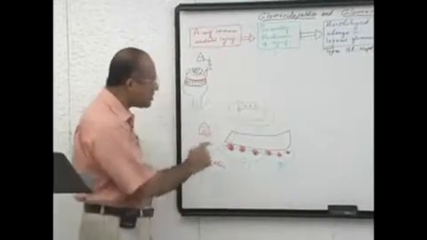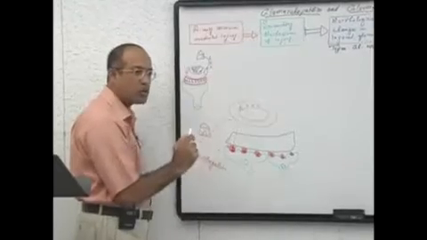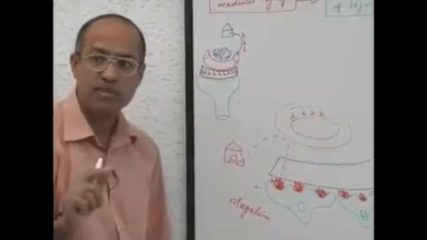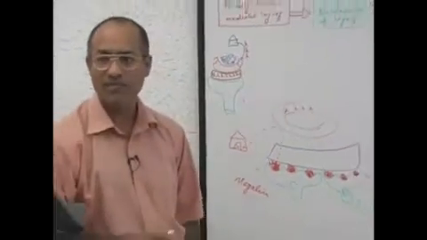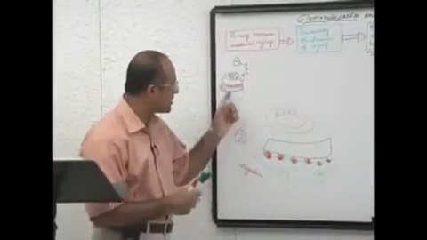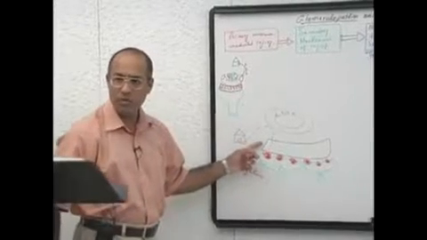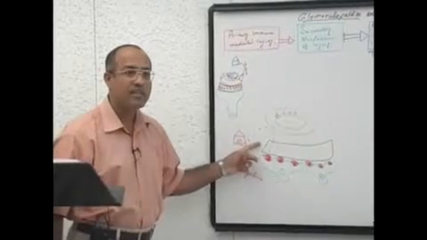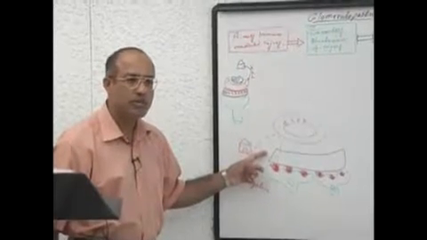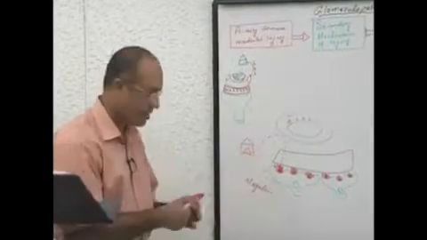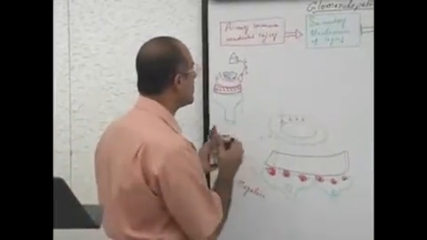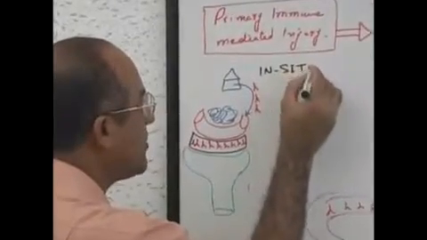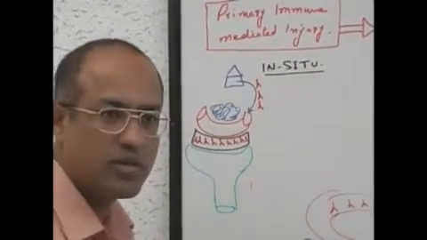Now, in these two examples, immune complexes are formed, but not in circulation. Immune complexes are found only within the glomeruli. We say that there is in situ formation of immune complexes.